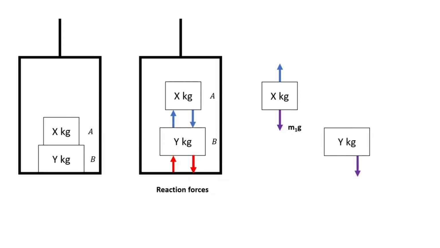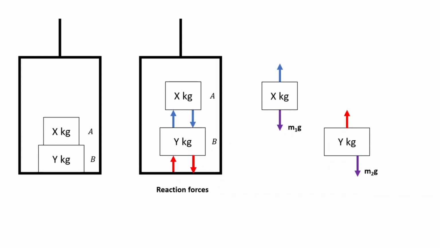If we are to model box B, we instantly know it has its own weight. We know it's not falling to the ground at a speed that it usually would if it was not part of this system. There is a resistive force. That resistive force is the force exerted on B by the floor of the lift.